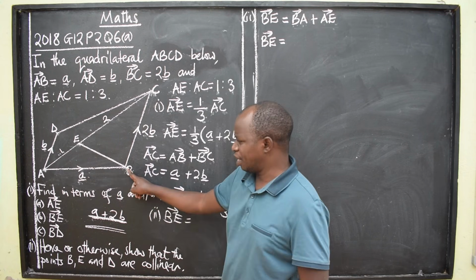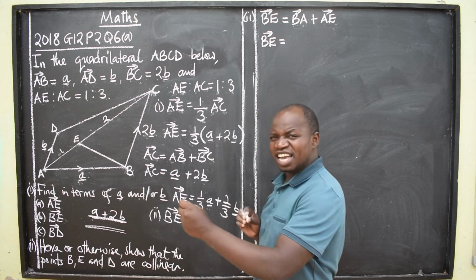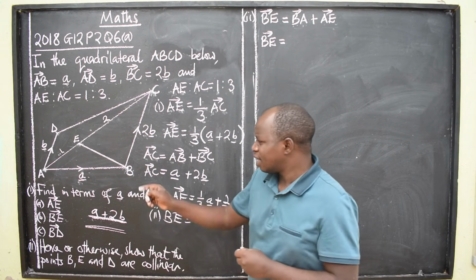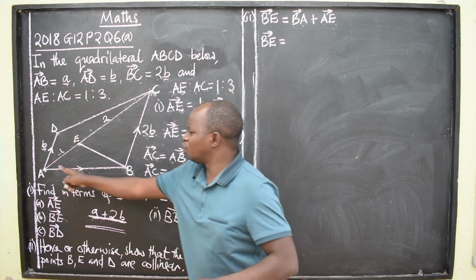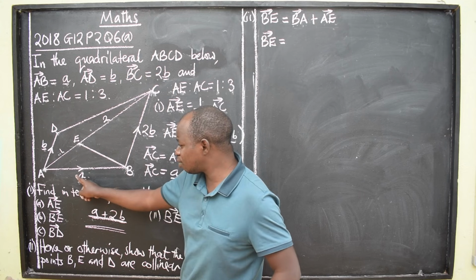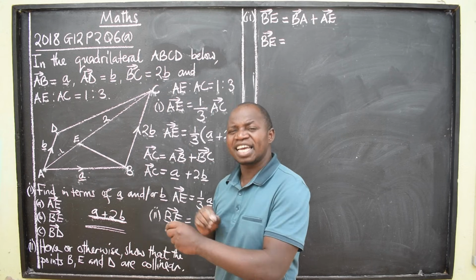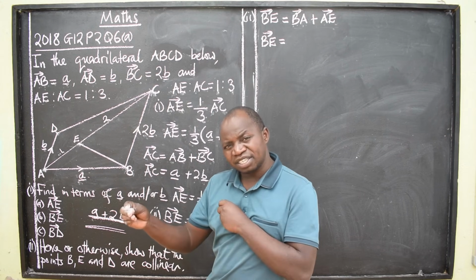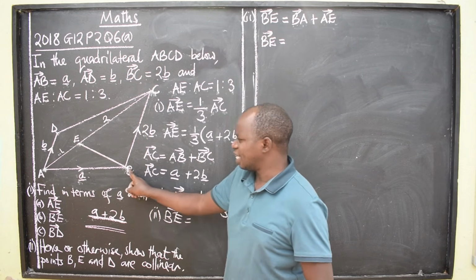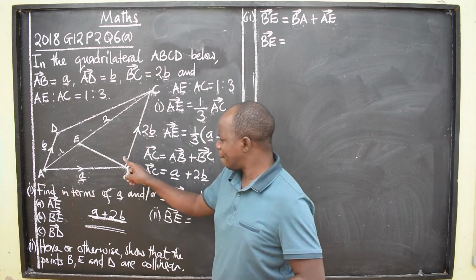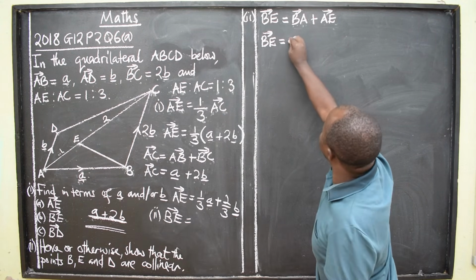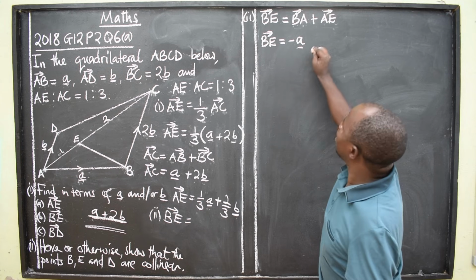A to B, which is A. Now, in a case whereby same letters but different direction, B to A, it means this one will take a negative. Since it is positive here, it will take a what? A negative. They're in different direction. So if AB is A, then BA will be negative A. So we have negative A here.